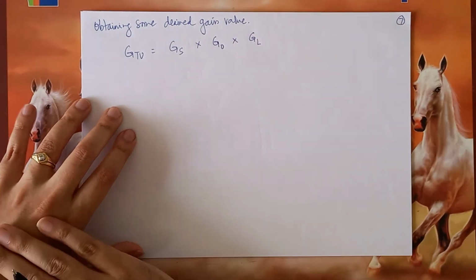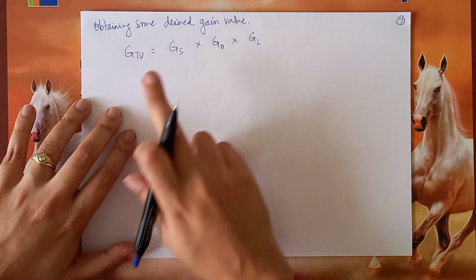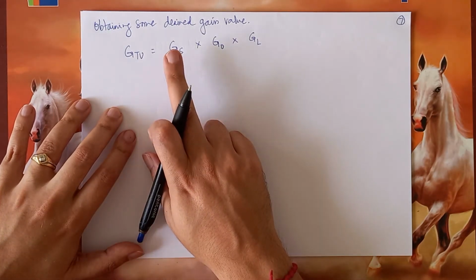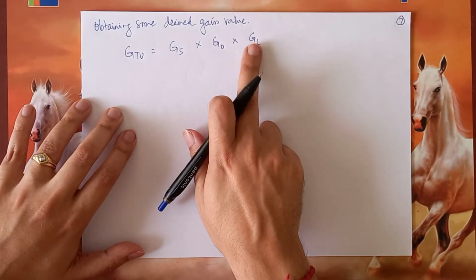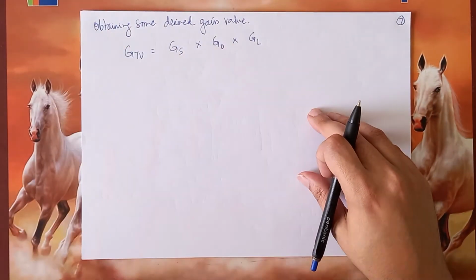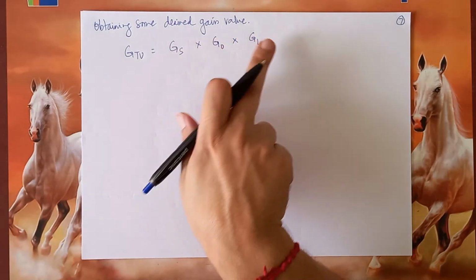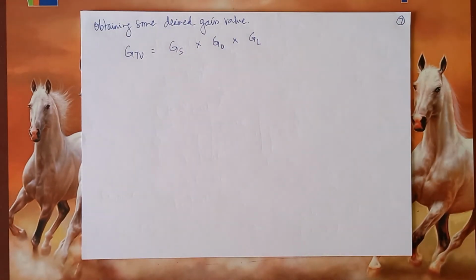Then GL, I cannot do much. Or suppose my source side is fixed. Then GS I cannot do much. All I have to do is do something to GL. So if one side is fixed, the other side is not fixed, or both sides are not fixed, then we can play around with the values of GS and GL.